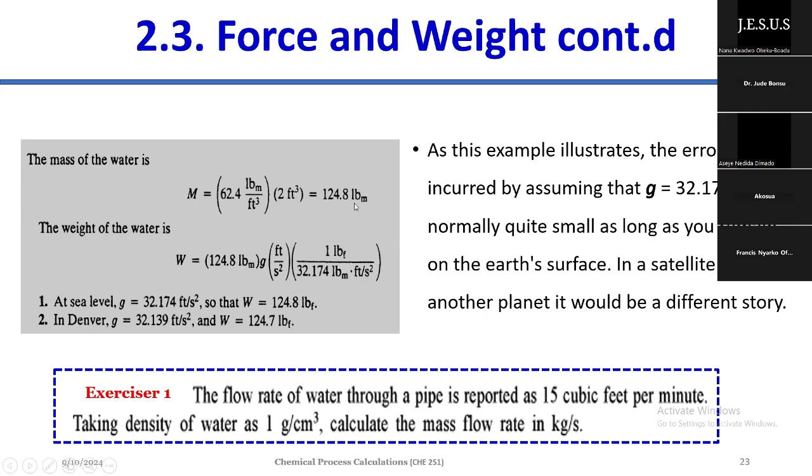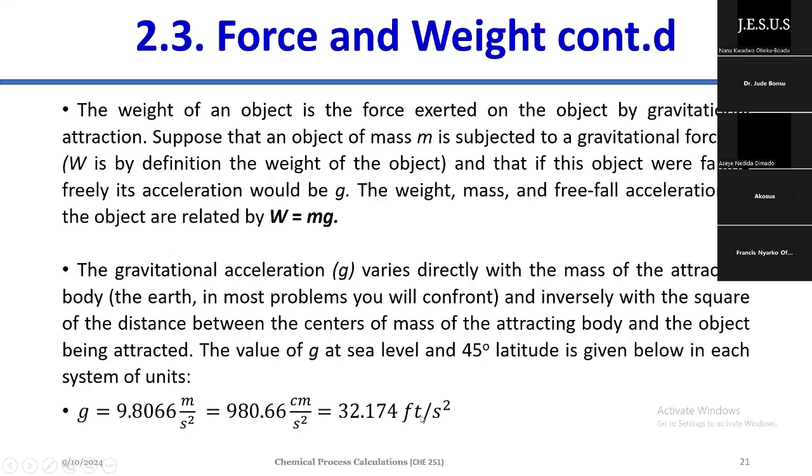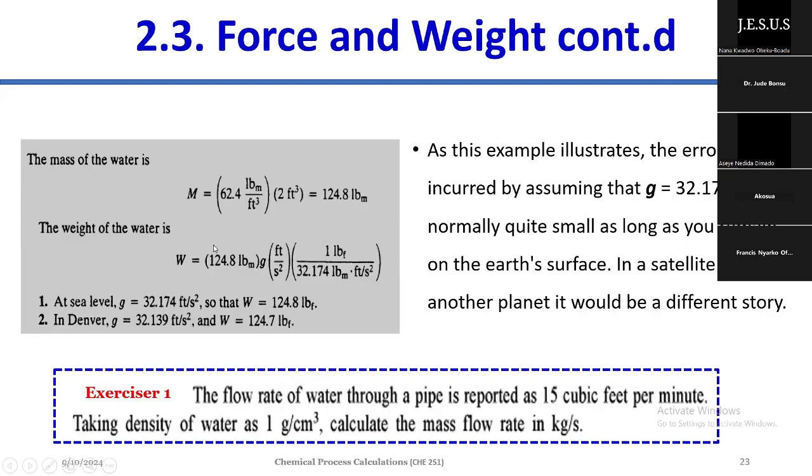That's the mass. Now when we want to find the weight at sea level, weight is mass times gravity. Because you are dealing with pound mass, feet, and seconds, the gravitational acceleration is 32.174 feet per second squared. So you need to do your unit conversion. How do you get rid of all these to get to pound force?